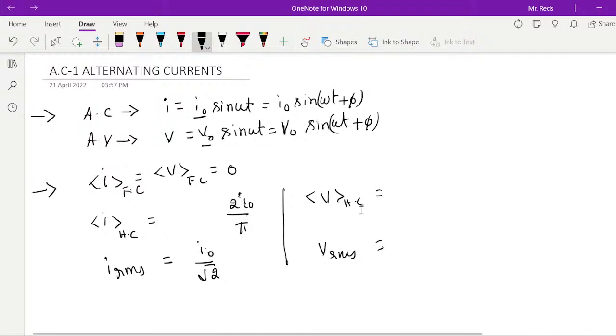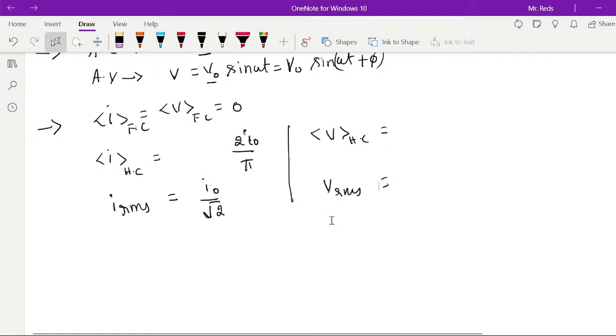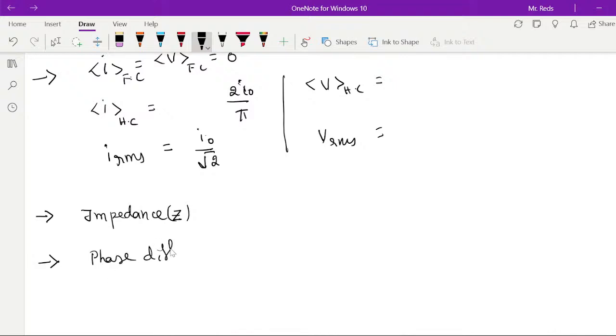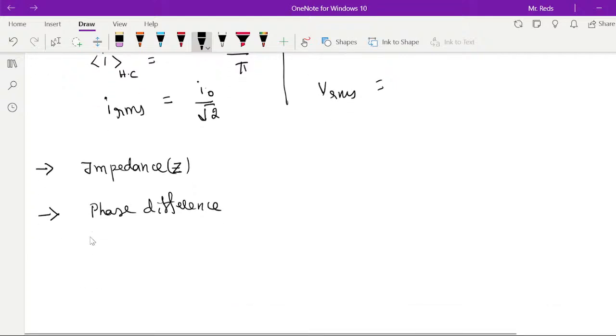So these points, of course, we have to keep in mind. In addition, we have discussed some other basic terminology, like what is impedance Z, and what is phase and phase difference, and how to express the alternating current and alternating voltage in waveform representations.